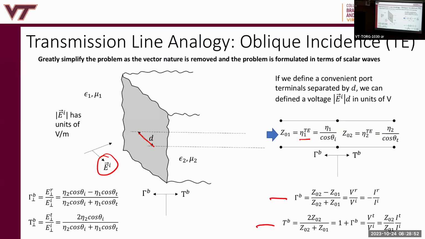So then you apply the exact same formulas as for the normal incidence case, except now you have these characteristic impedances, this one and this one. So that makes it much easier. If you substitute this and this into here and here, you'll get these expressions.